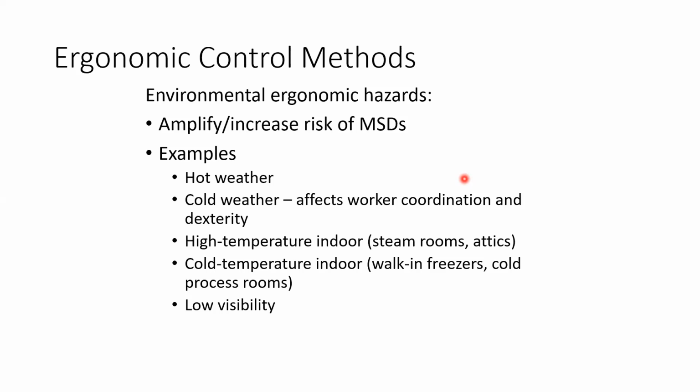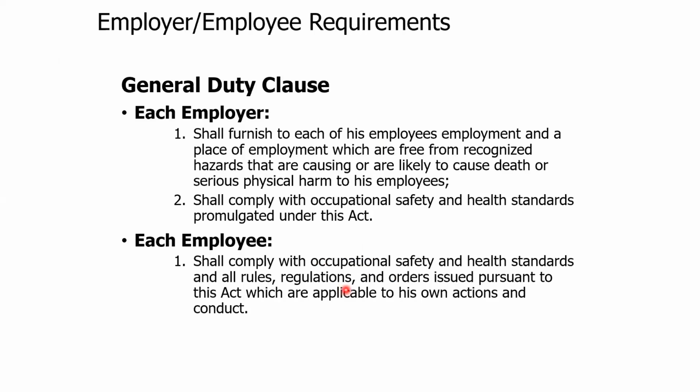So environmental ergonomic hazards increase or amplify the risk for musculoskeletal disorders, like hot weather and cold weather, which affect workers' coordination and dexterity; high temperature indoors like extreme rooms; cold temperature indoors like walk-in freezers or cold process rooms; and low visibility. All of these are increasing the risks.